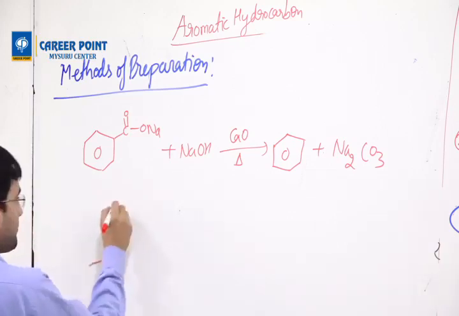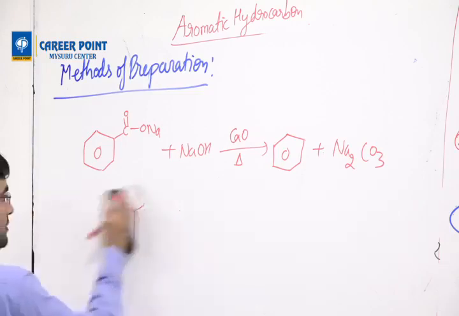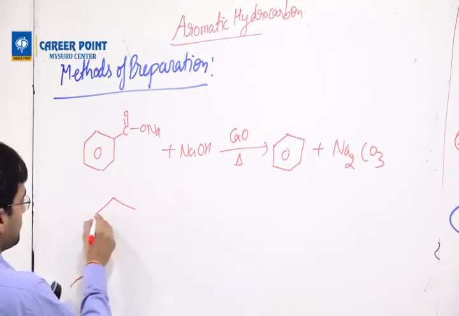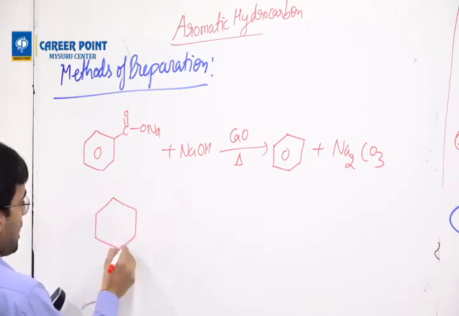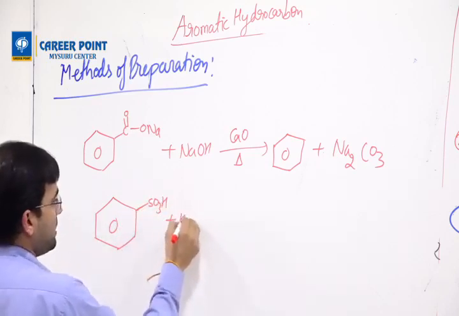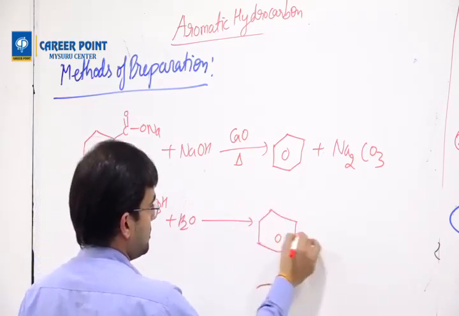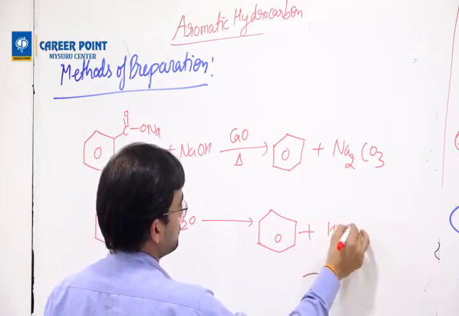One more reaction we can do with benzene sulfonic acid and hydrolysis. If you do this, we will get benzene plus H2SO4.